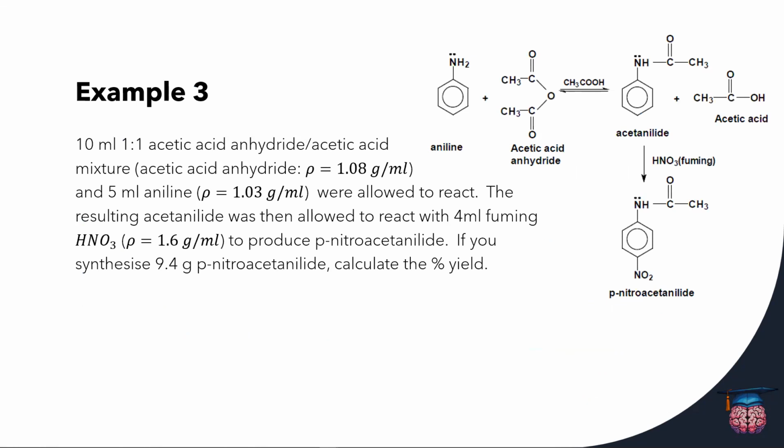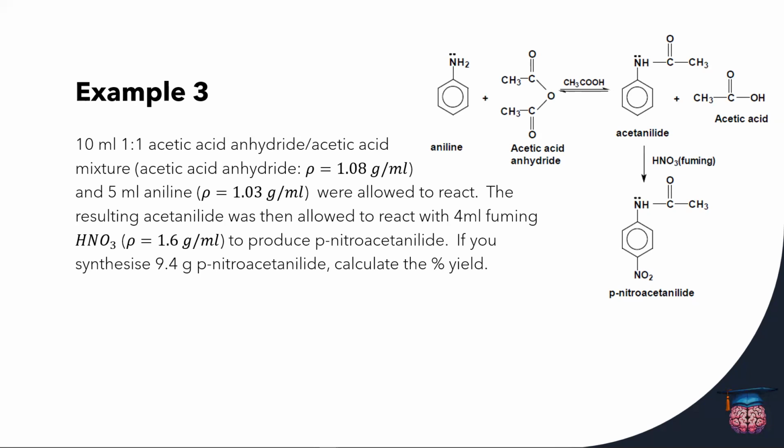Now for the last example, and this one is going to be a bit longer. So we have 10 milliliters of a 1:1 acetic acid anhydride acetic acid mixture. They give us the acetic acid anhydride density, which is 1.08 grams per milliliter, and 5 milliliters of aniline with a density of 1.3 grams per milliliter, and these were allowed to react.